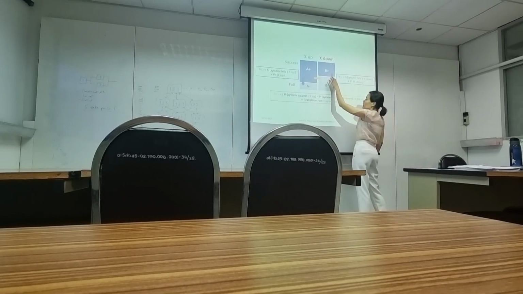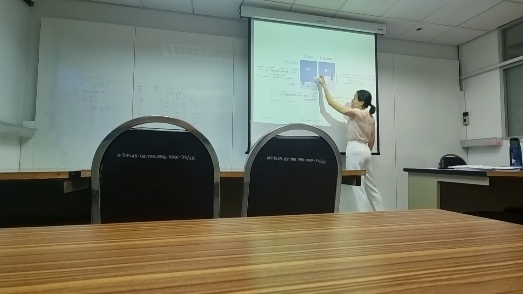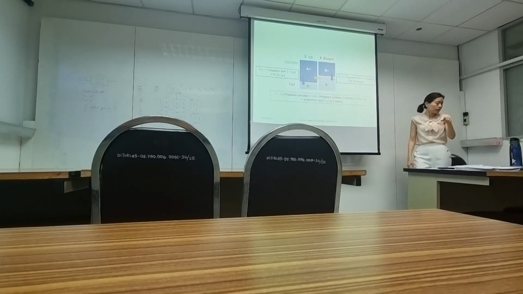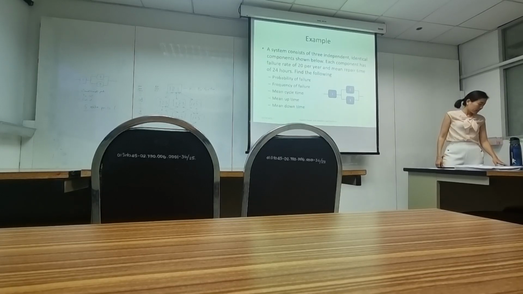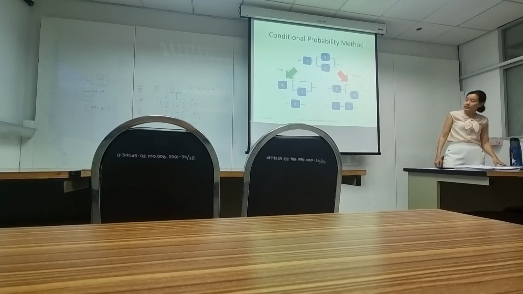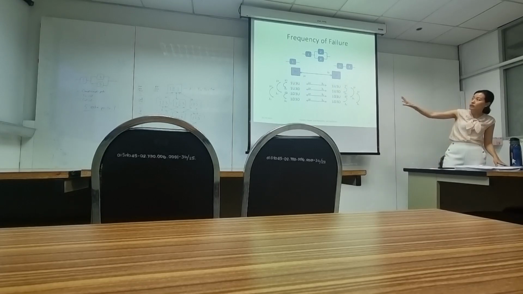Equivalently, you can calculate the probability of this block, multiply by x being down, and then multiply by the success probability between down to up. Okay. So those are the ideas. With the conditional probability, you can calculate the frequency of failure.